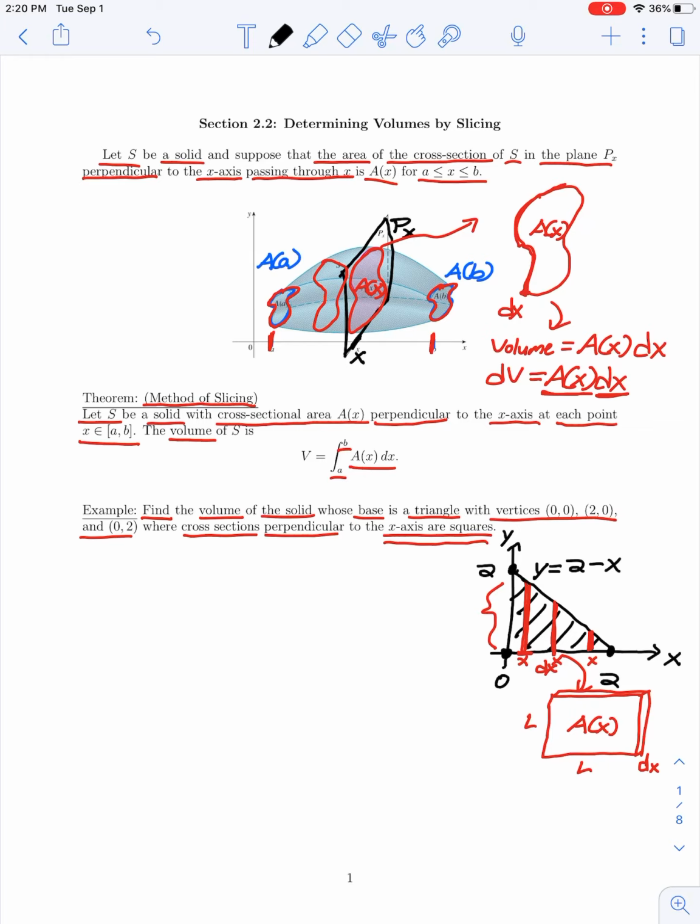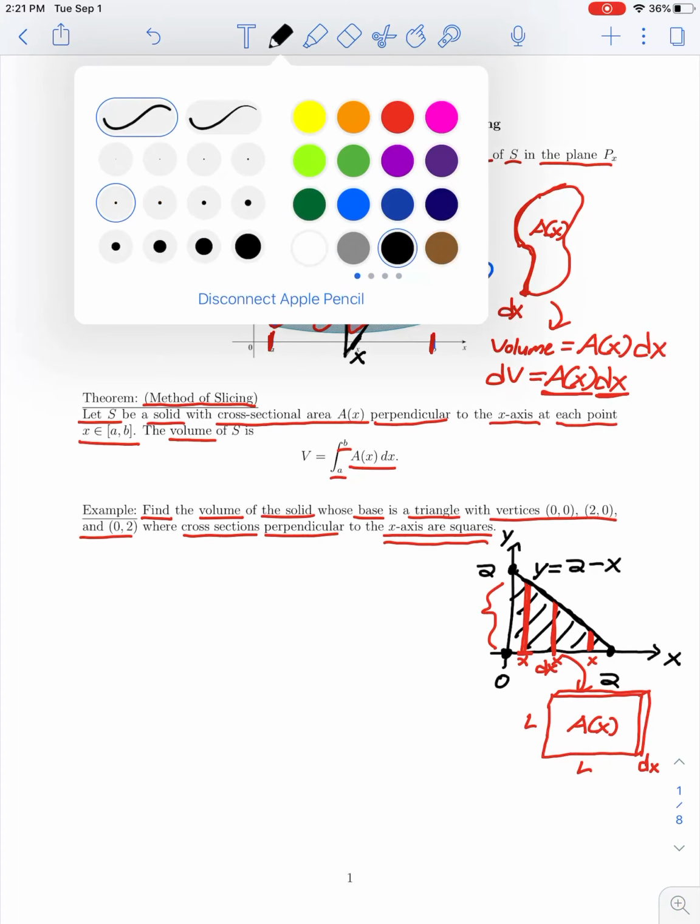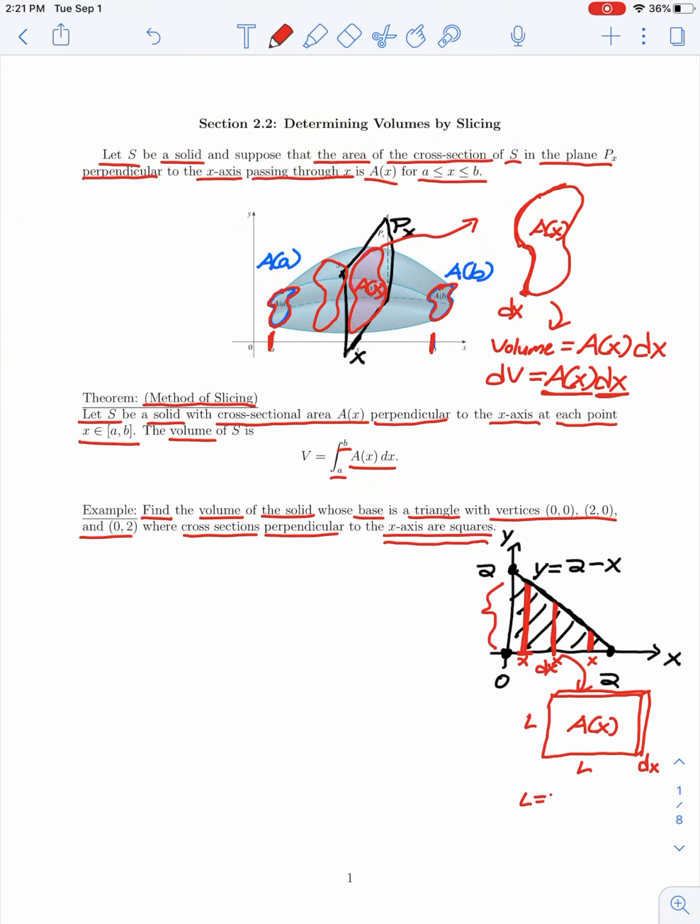So the equation of this line is y equals 2 minus x. Therefore, the length along one edge of my representative strip is 2 minus x. So the area of a cross-section, since it's a square, would be L squared, or (2 minus x) squared.